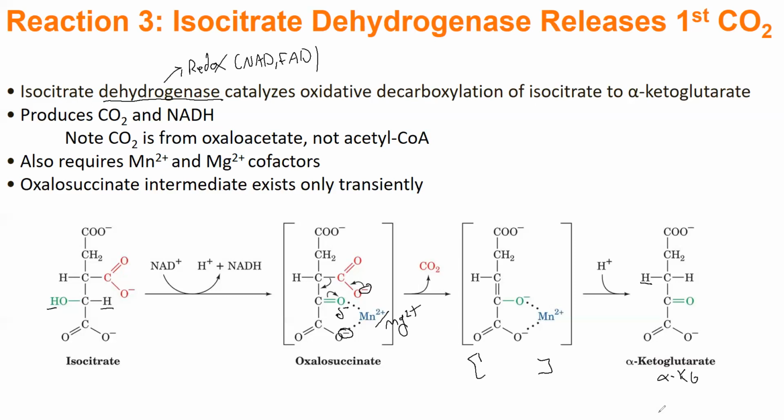Right now, we're just looking at isocitrate, makes NADH, loses a carbon dioxide to form alpha-ketoglutarate. Remember, these two carbons were from our acetyl-CoA. So we're losing the carbon dioxide from our original molecule, not acetyl-CoA.